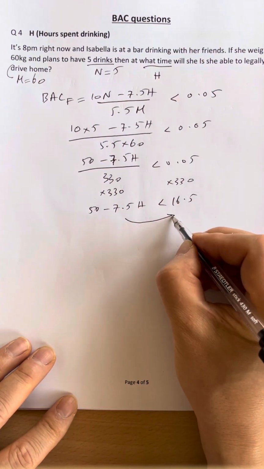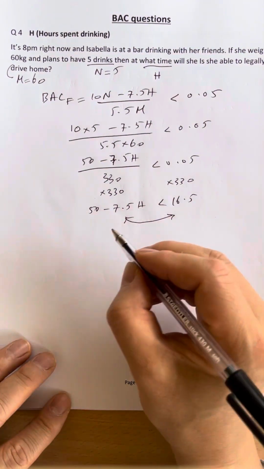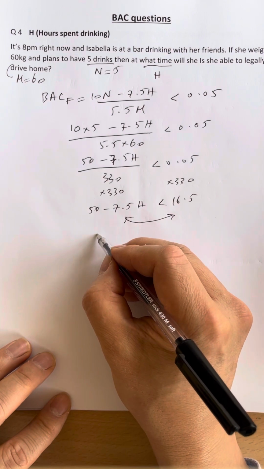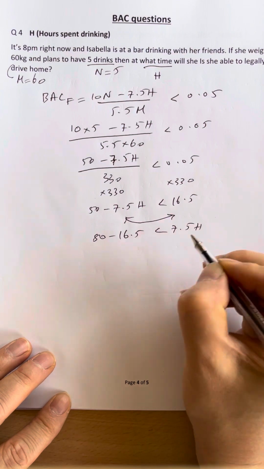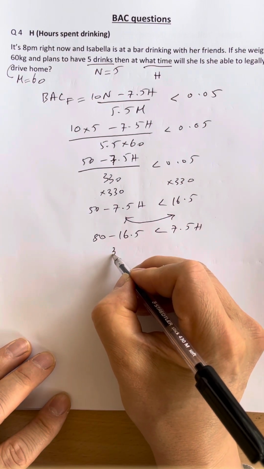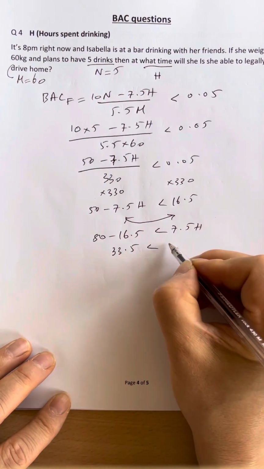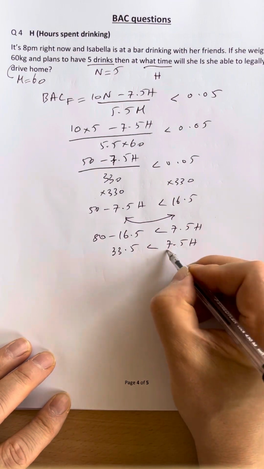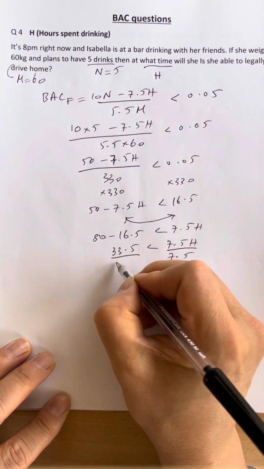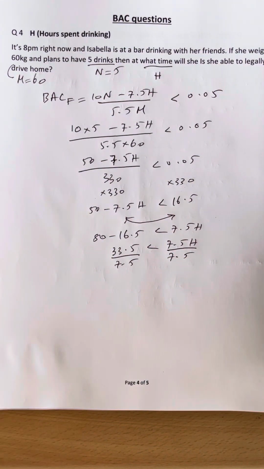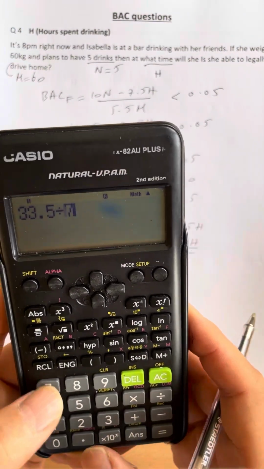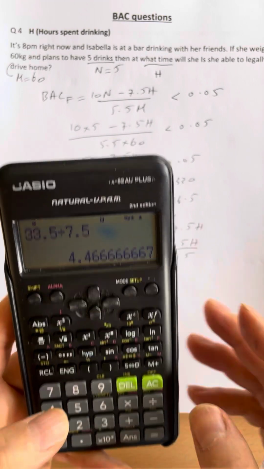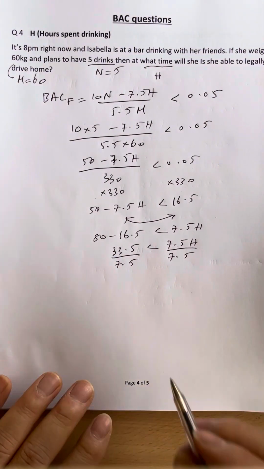You interchange these two. So you have 50 minus 16.5 is less than 7.5H. So you have 33.5 is less than 7.5H. You divide both sides by 7.5. So using the calculator, 33.5 divided by 7.5, you get 4.46 again.